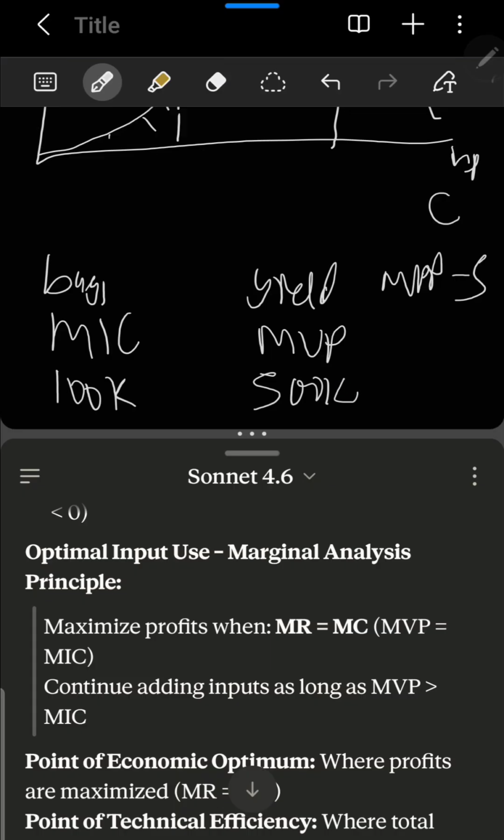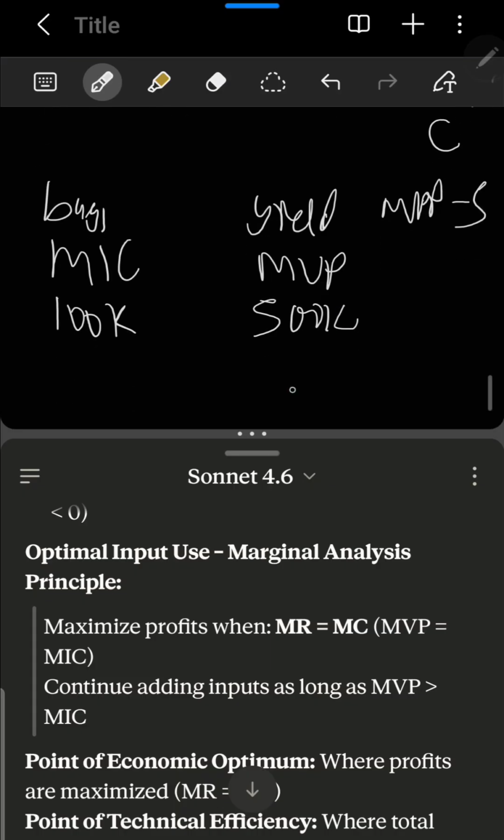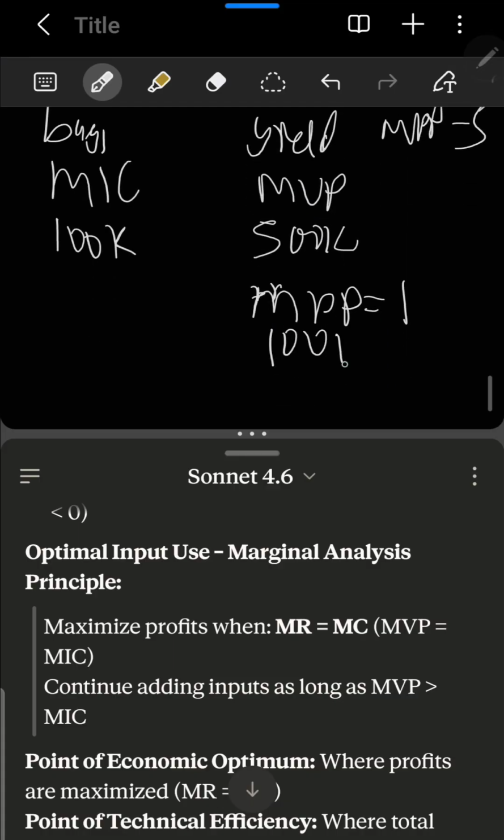So you want to continue. If you want to maximize profits, you have to reach a point where the marginal physical product is equal to 1. At that point, our marginal input cost will be equal to the marginal value product. Because when it's 1, that means it's at 100k, meaning that 100k worth of fertilizer in addition gives you 100k worth of yield. That is the point whereby you maximize profits.